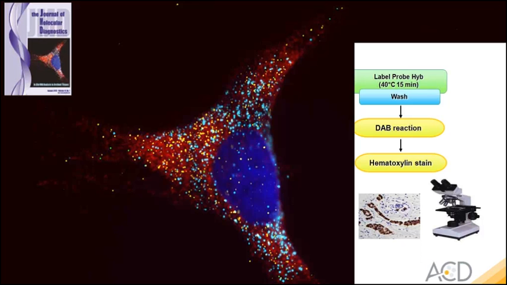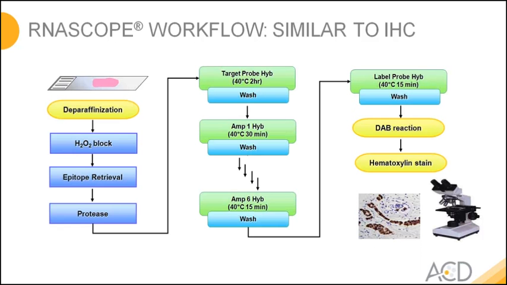So practically, how do you run this assay? What does it look like if you do this assay in your lab? This slide here shows you the workflow, and you immediately recognize the similarity to the IHC protocol.